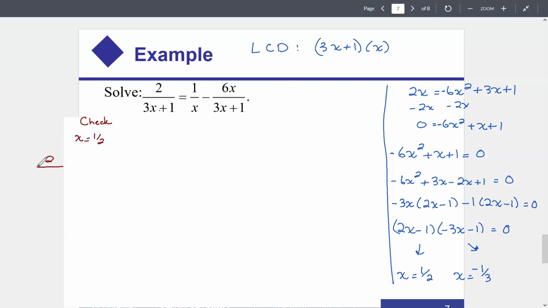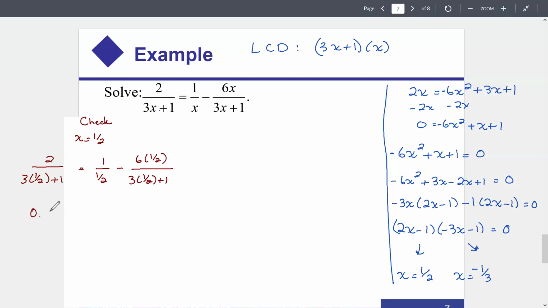So I have 2 over 3 times 1/2 plus 1 is equal to 1 over 1/2 minus 6 times 1/2 over 3 times 1/2 plus 1. I'm going to do a little cheating and put some of this in my calculator to make this go a little quicker for us. We have 2 over 3 times 1/2 plus 1.